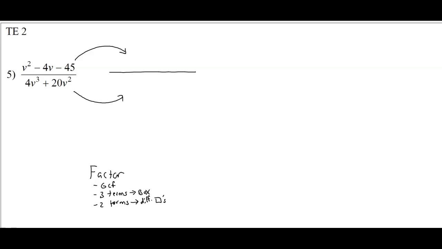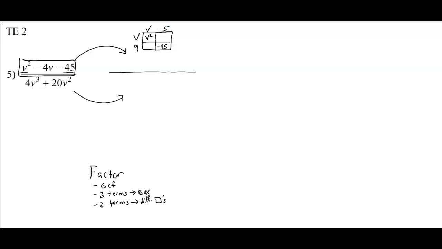So first of all, taking a look at the top, do you guys see a GCF there? There's no GCF, so we could skip that. But it is a 3-termed polynomial, so we are going to use the box method for that. So I'm going to show my work here very small, but how do we factor it? Well, we put the first term here, we put the last term here, and we look for 2 things that multiply together to make those things.